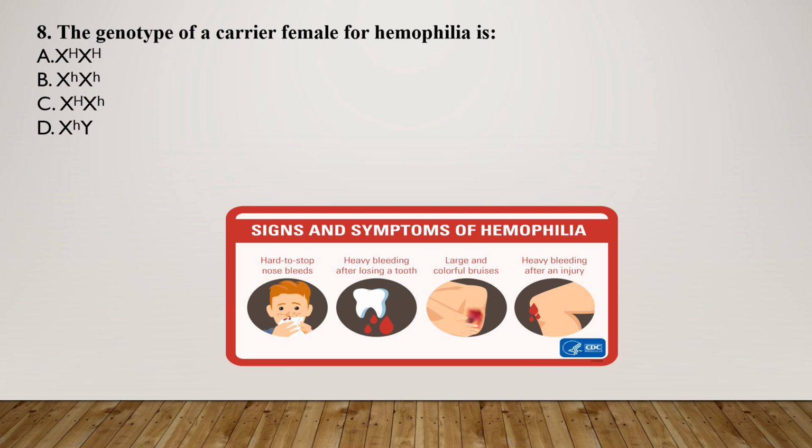Capital H is the normal allele and small h is the hemophilic allele. The answer is C. A carrier female possesses one normal allele and one defective allele for hemophilia. This is X and X, the female.